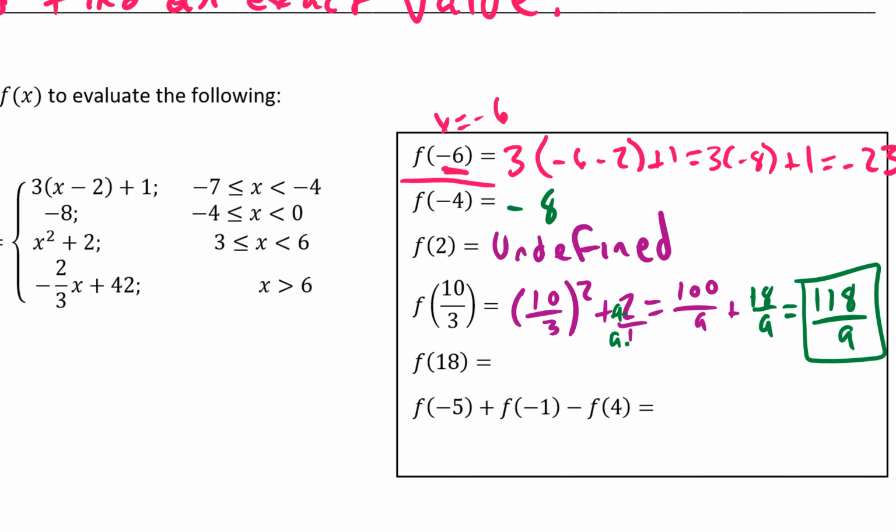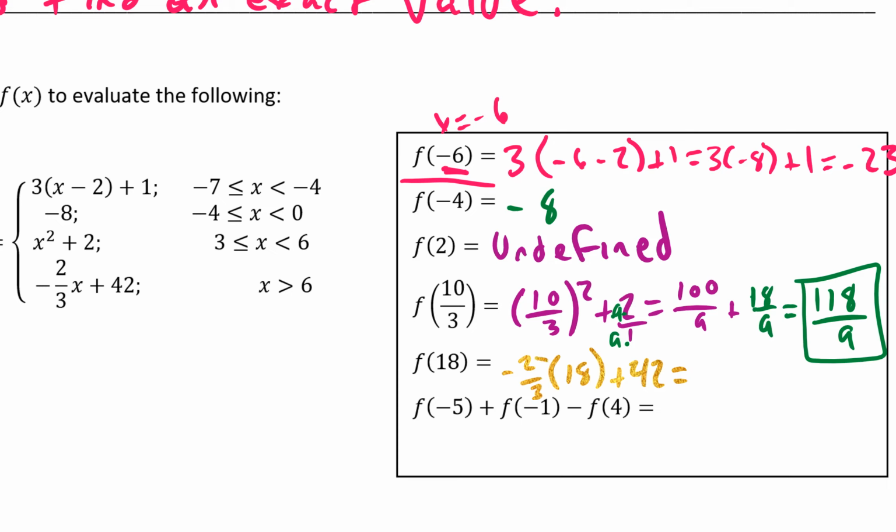All right, so f of 18, which one would that go into? The last equation, right? So we can say f of 18 is equal to, how do I find it? -2/3 times 18 plus 42. So let's see, -2/3 times 18.